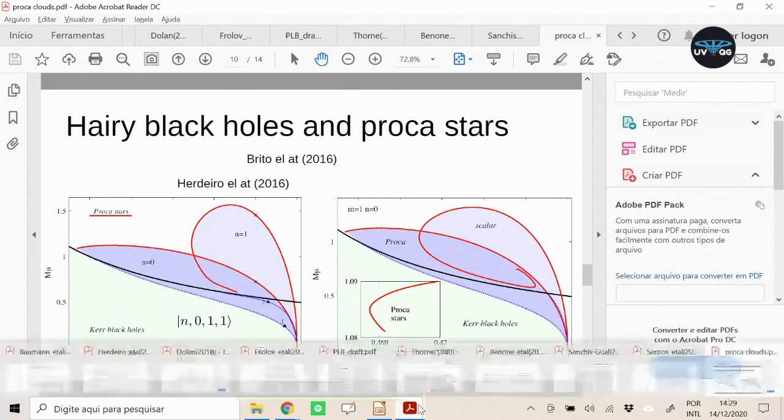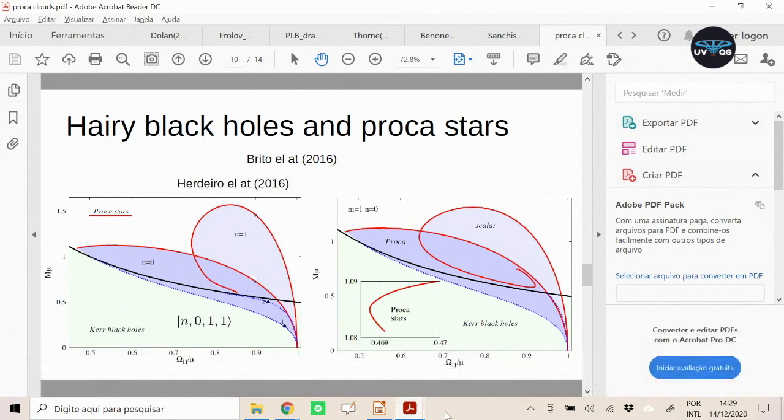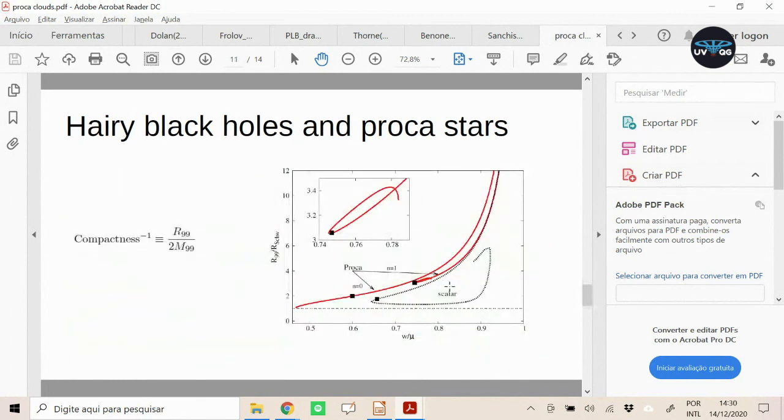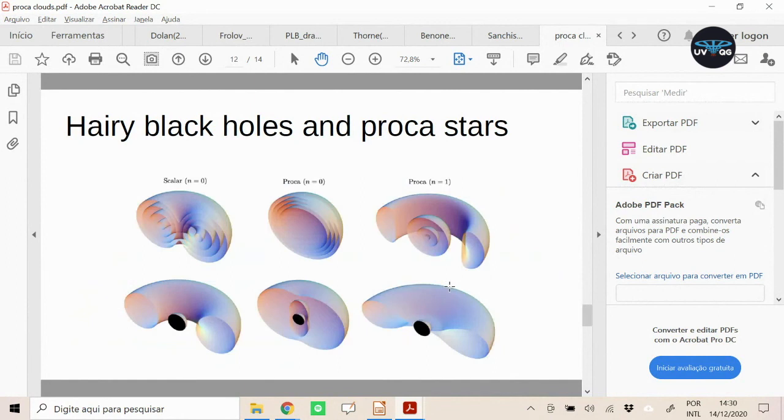And is there any simple argument to justify why the ground state with n equal to 0 for a scalar and vector are so different? Why is the scalar cloud toroidal for n equal to 0, while for the vector it is spherical or oblate?